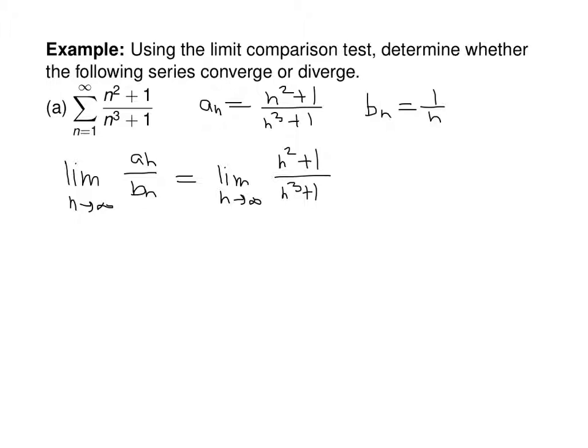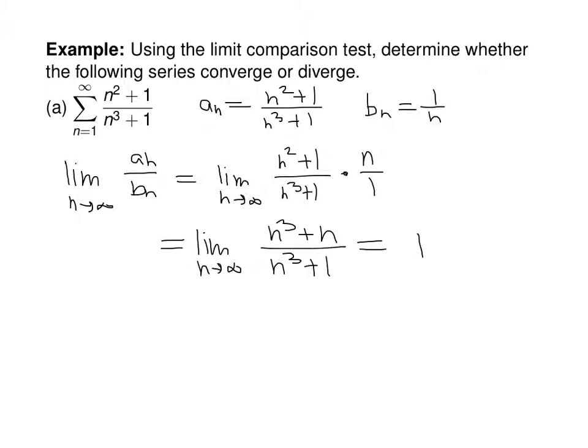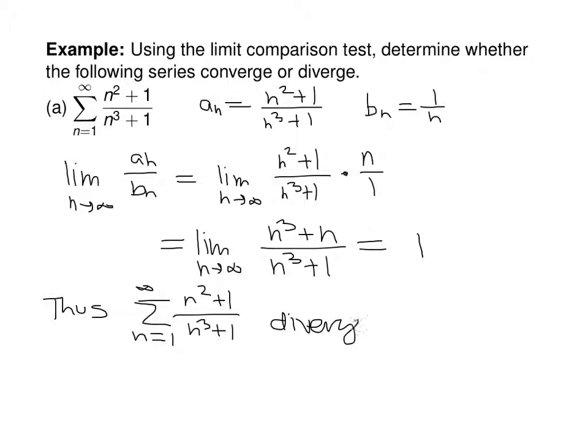Now dividing by bn is the same thing as multiplying by n over 1, which gives us the limit as n goes to infinity of n cubed plus n over n cubed plus 1, and that limit is 1. So thus your series diverges by the limit comparison test.